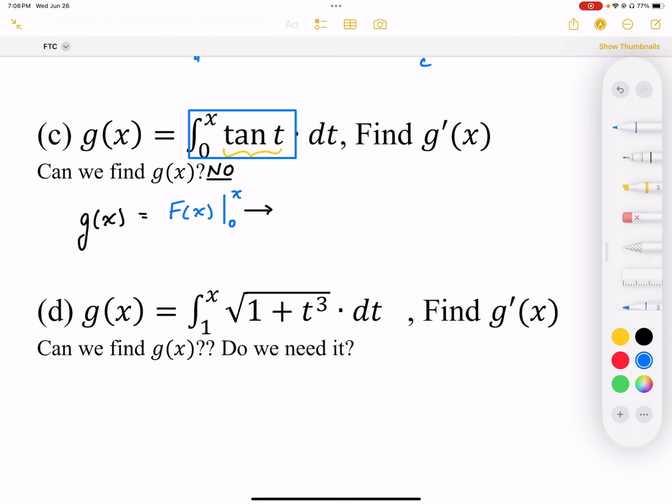That's going to be just big F of x minus big F of 0. Again, big F of 0 is a constant.